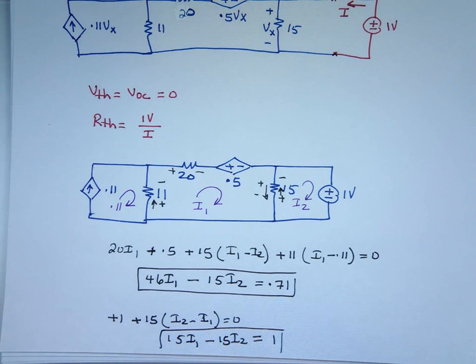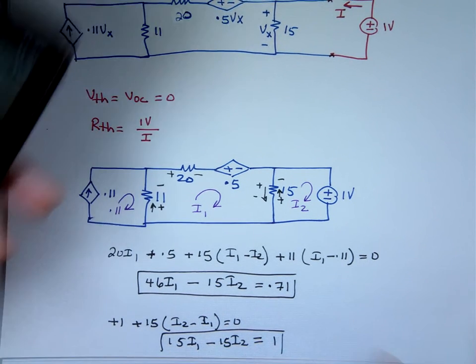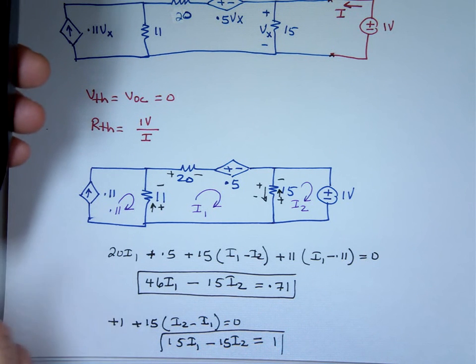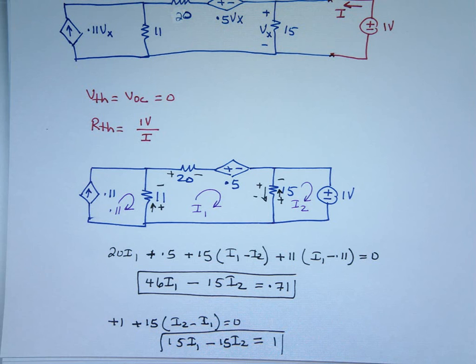So now let's solve for I sub 1 and I sub 2. The first one, 46, negative 15, 0.71. Uh-oh. Let's go to the beginning. I hit some keys, I guess, the wrong one. 46, negative 15, 0.71.